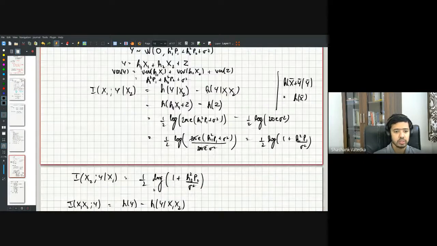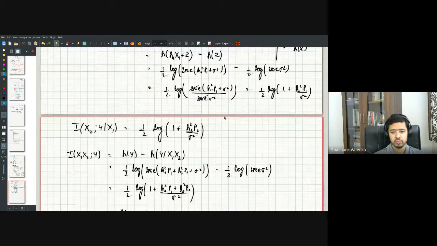Right. So first we started with this conditional mutual information term. So let's just look at this one. What is this equal to? This term is the same as the capacity of an AWGN channel with input power constraint h2 square p2 and noise variance sigma square.